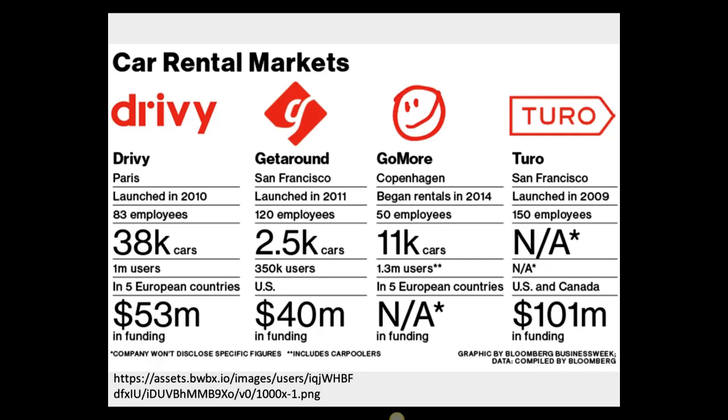Here's another example of a chart that I really like. Graphics. You need to use graphics in your business plan. So basically they compare different types of car rental companies along various different dimensions. It's helpful to know, again, you don't need to say that you're better on all factors. It's just important because this is something that will definitely come up in the minds of whoever's reading your business plan.